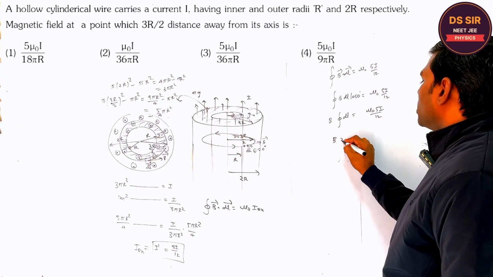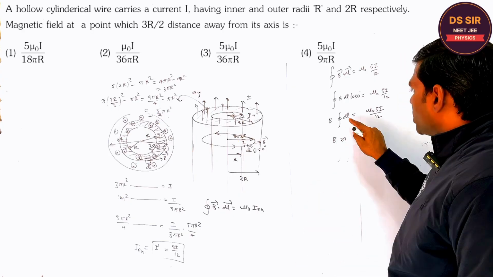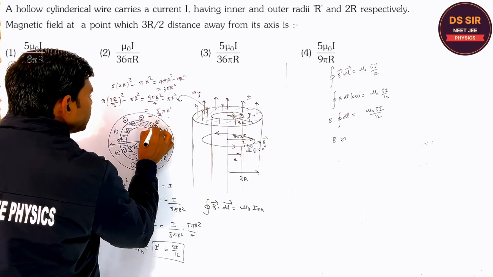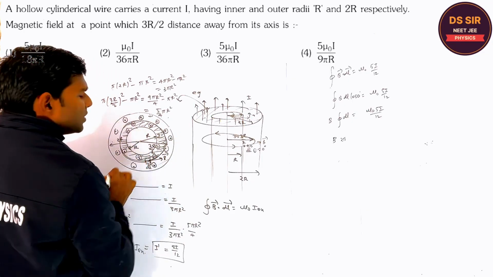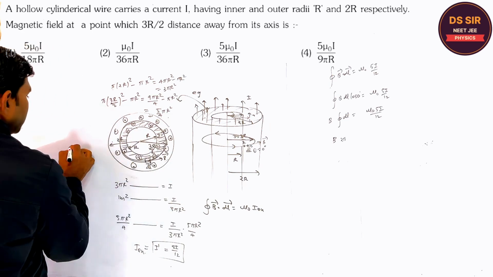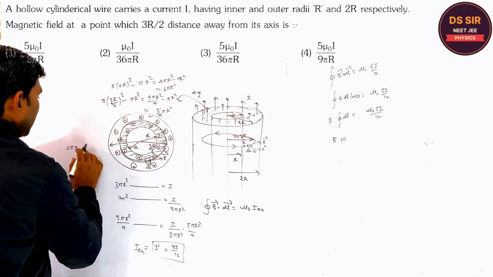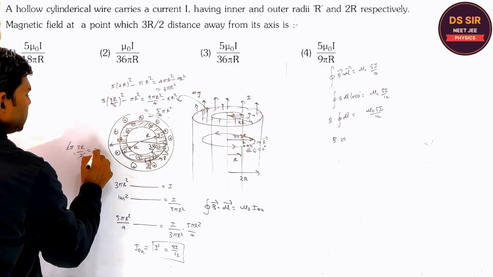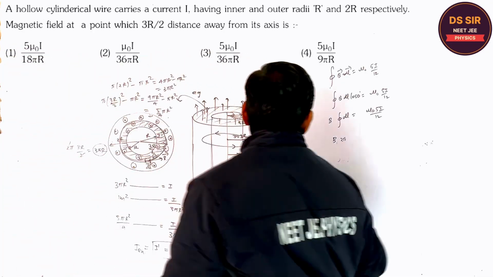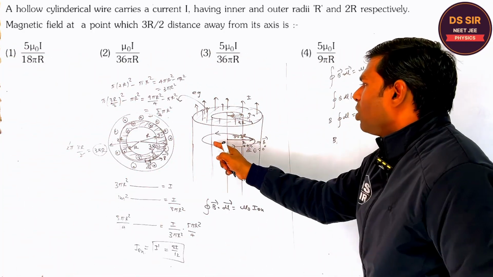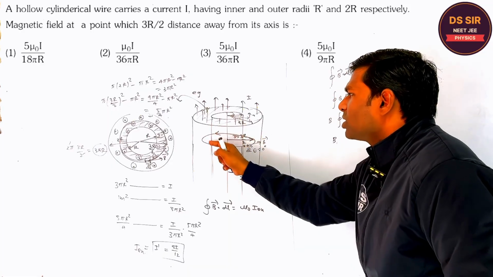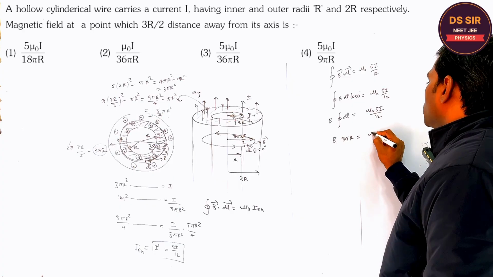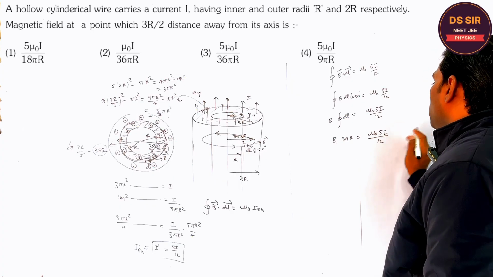B is equal to what? The integration of this dl is the circumference. And what is this circumference? 2 pi r, and what is the r? 3 by 2 R. The 2 will cancel out, so this circumference is 3 pi R. So the integration of dl is 3 pi R, equal to mu naught 5I by 12.